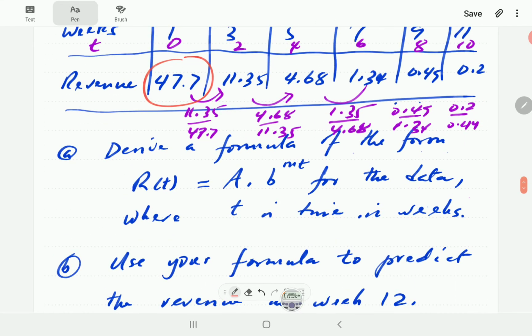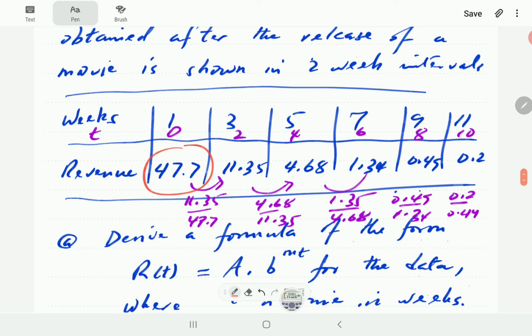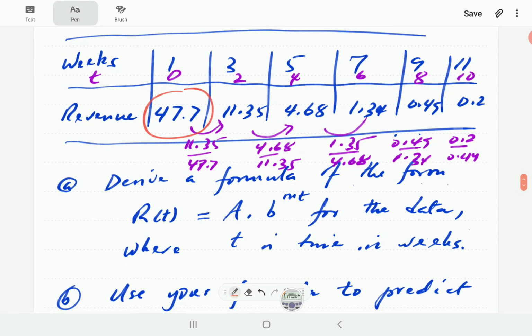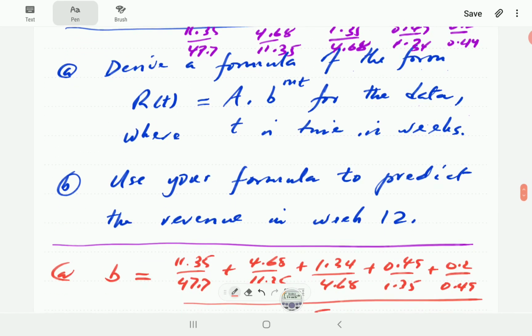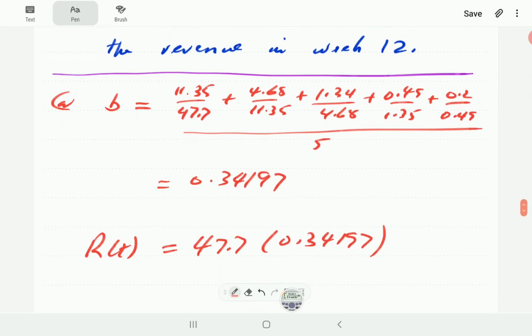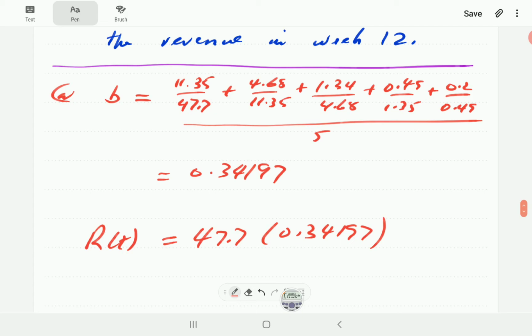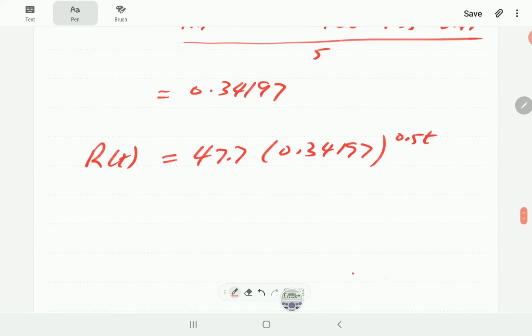We have got figures every 2 weeks, so weekly we're compounding this every half. M is going to be 0.5. So that's going to be our formula.